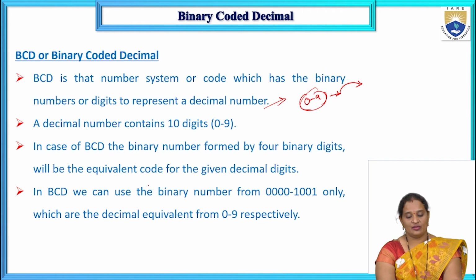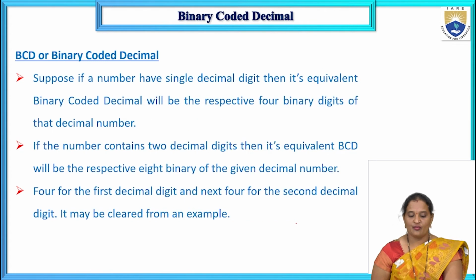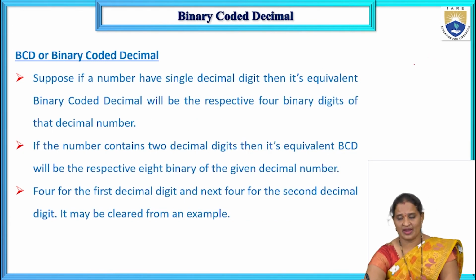In BCD, we use the binary numbers 0000 to 1001 only, which are the equivalents of 0 to 9. Whereas if you take a 4-bit binary number, totally how many combinations can we have? 16. But how many are we representing? Only 10, varying from 0000 to 1001.